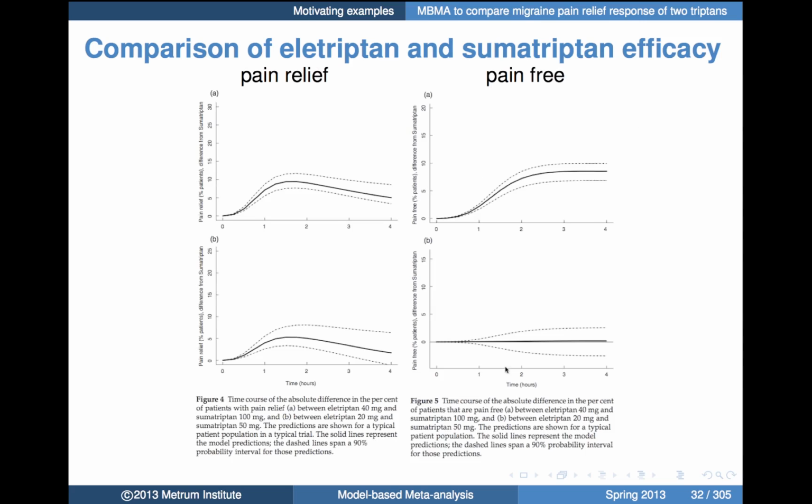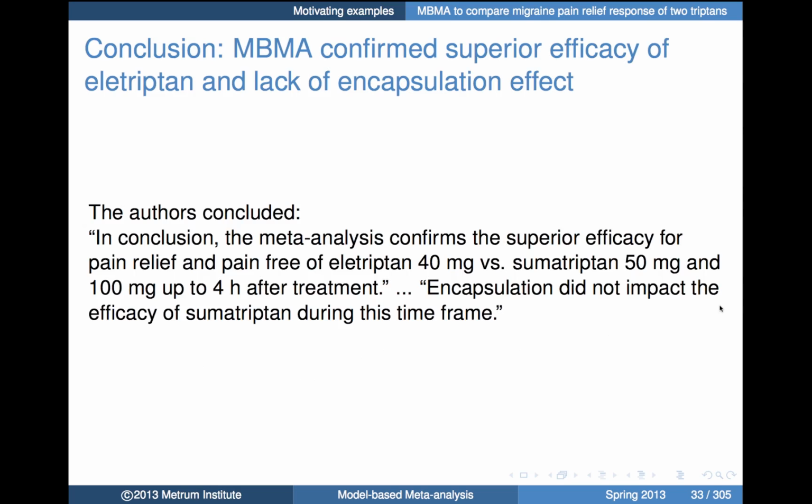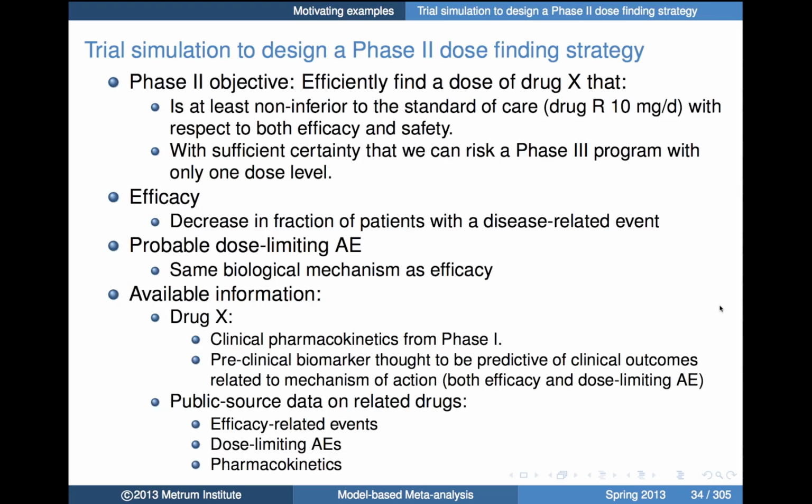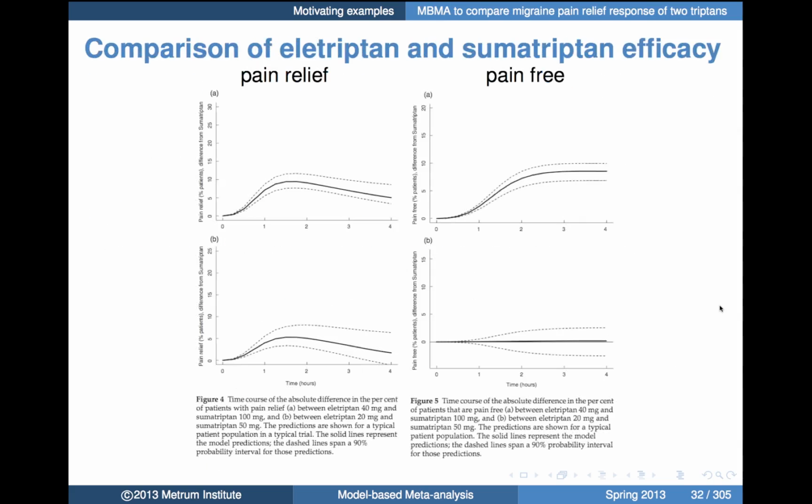For the lower dose, it looks like for pain relief, the elatriptan is still consistently superior to sumatriptan, and it's pretty much a wash when it comes to the pain-free measurement. Okay, and then their conclusion here is that the meta-analysis confirms superior efficacy for pain relief and pain-free of elatriptan versus sumatriptan.